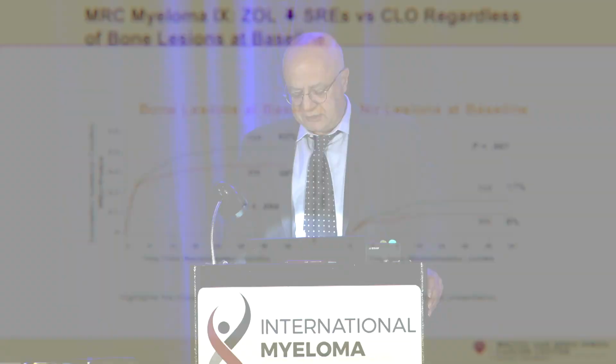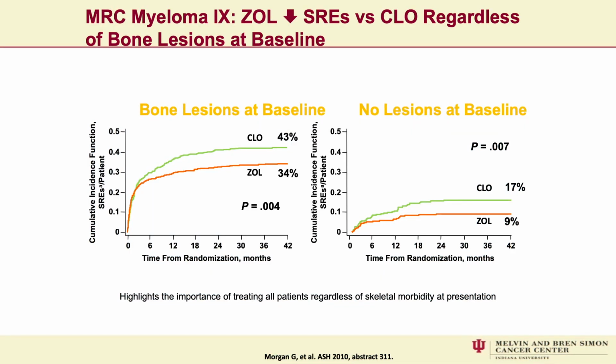and not breaking the bone. The initial trial that sort of proved that this is a very good treatment was the Myeloma UK trial number 9, where they compared Zometa to a standard osteoporosis drug that we don't use in this country. When you use Zometa, you have less bone disease than if you just use a typical osteoporosis drug.